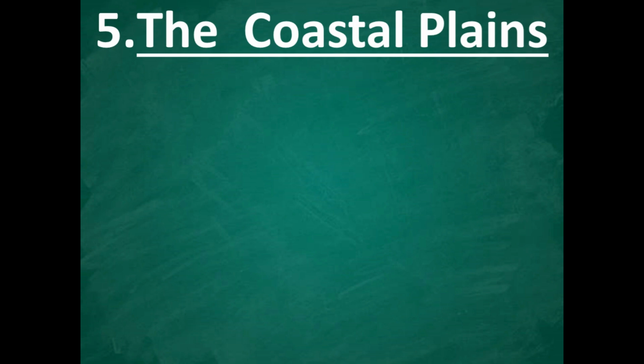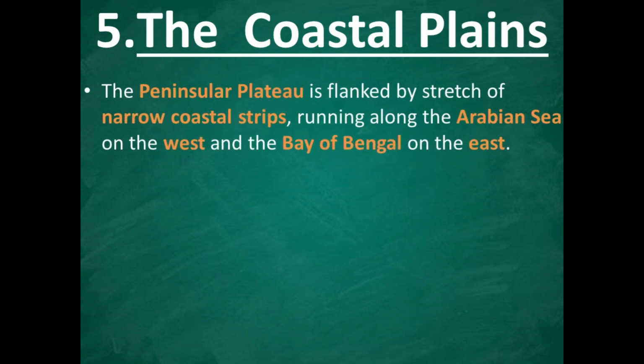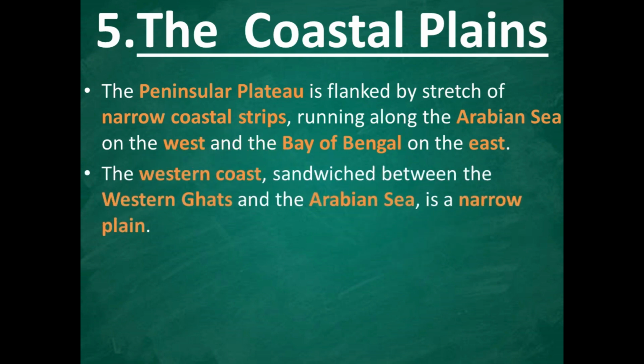Next, we are going to see the coastal plains. The Peninsular Plateau is flanked by a stretch of narrow coastal strips running along the Arabian Sea on the west and the Bay of Bengal on the east. The western coast, sandwiched between the Western Ghats and the Arabian Sea, is a narrow plain.